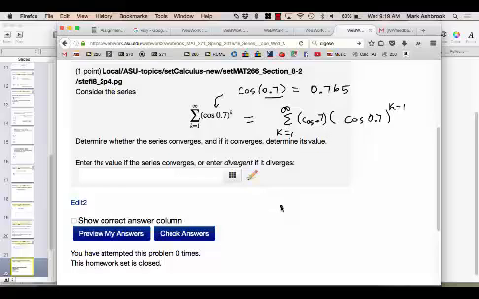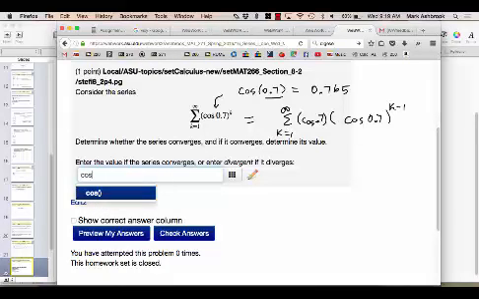So it's going to be a over 1 minus r. A over 1 minus r.